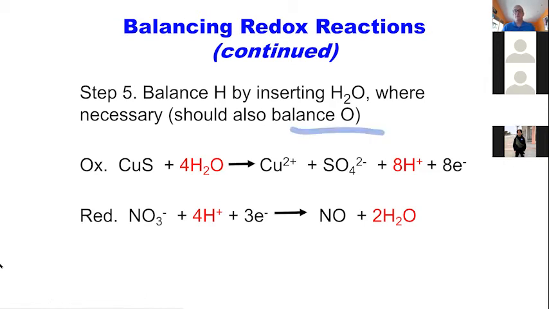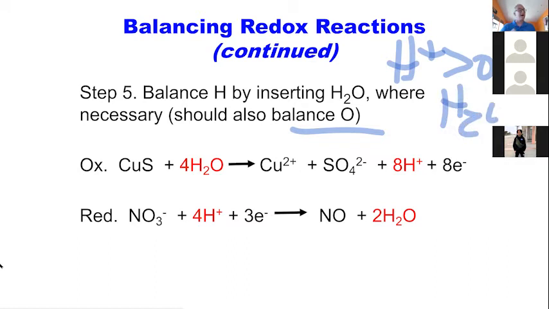If it doesn't, we've probably done something wrong. Remember, all these reactions are taking place in an aqueous environment. An acidic and aqueous environment just means there are going to be more protons than hydroxide ions, but there's going to be a ton of water around, and water is going to get involved in the reaction as well.